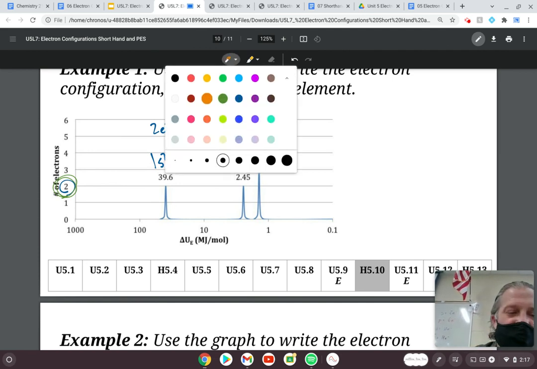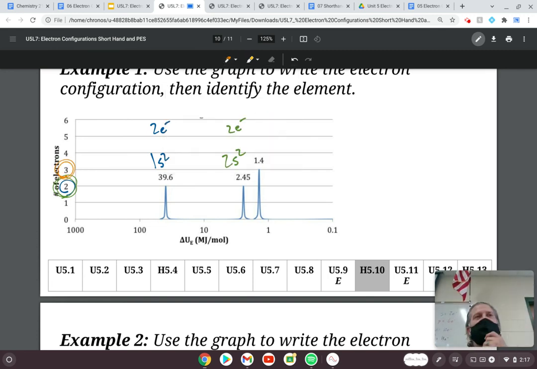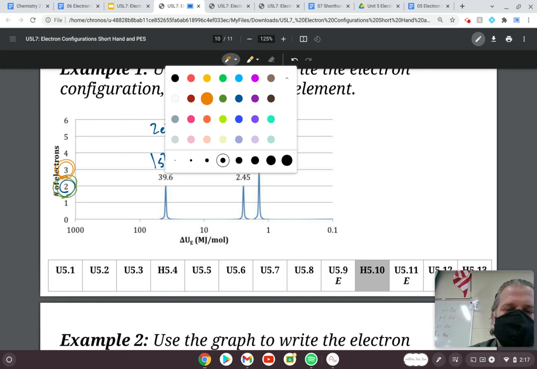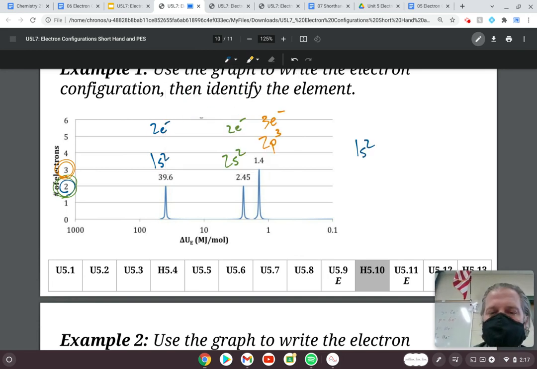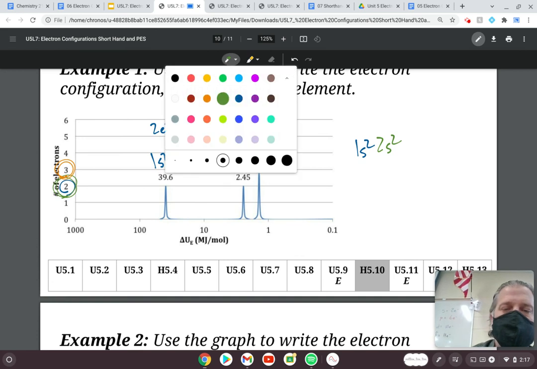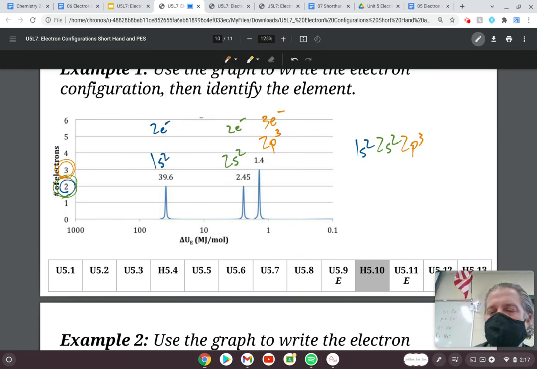Now the third peak has 3 electrons. And so what shape can hold 3 or more? The P, right? So that leads me to believe it's probably going to be a 2p3. If I clean this up and write the electron configuration, I get 1s2, 2s2, 2p3.